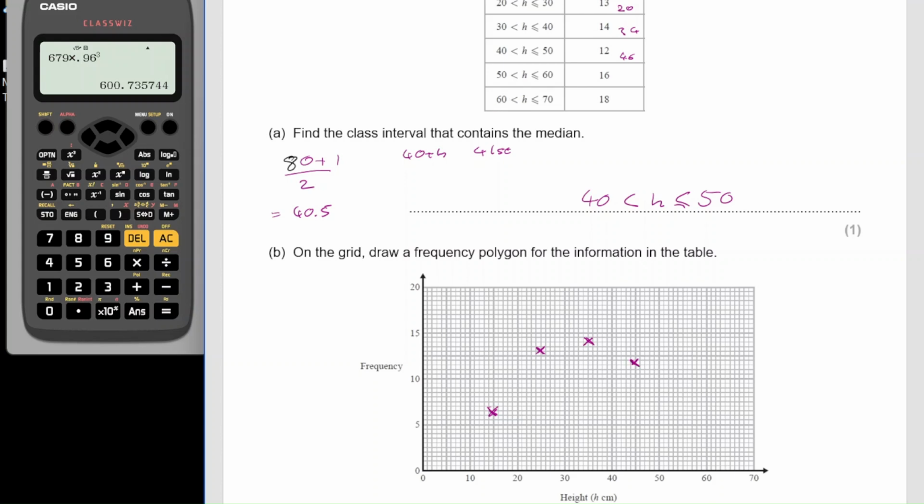At 55, I want to plot 16. And at 65, I want to plot 18. And then we join them up with straight lines. Mine aren't going to be overly straight. You should use a ruler though.